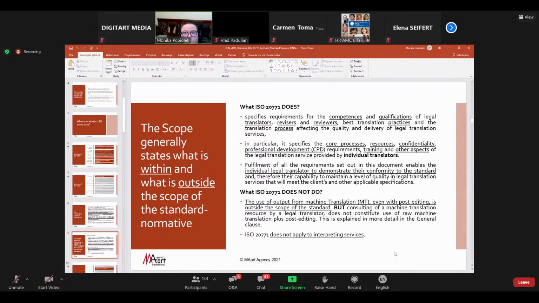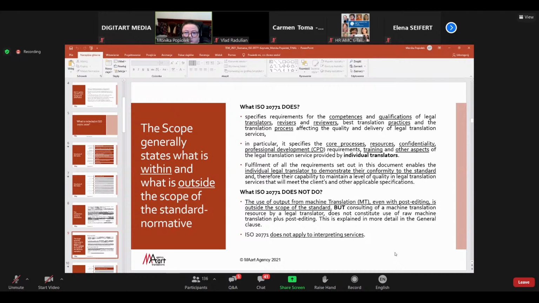So what ISO 27701 does is it specifies the requirements for the competencies and qualifications of translators, revisers, and reviewers. It also sets a lot of best translation practices. It discusses in detail, step by step, the translation process affecting the quality and delivery of legal translation services by individual translators mainly, although there is a component, which I will mention later, where it discusses a situation where a legal translator, an individual, works either with a direct client or with an intermediary.